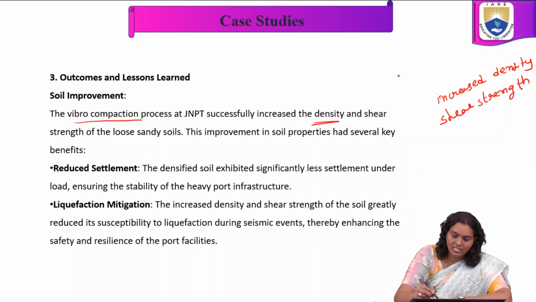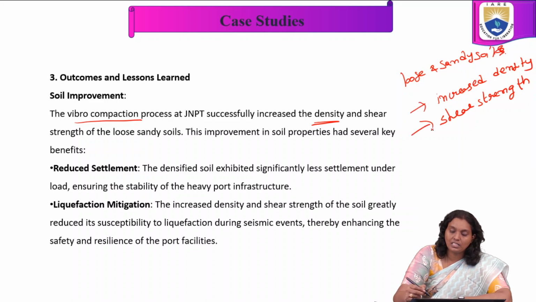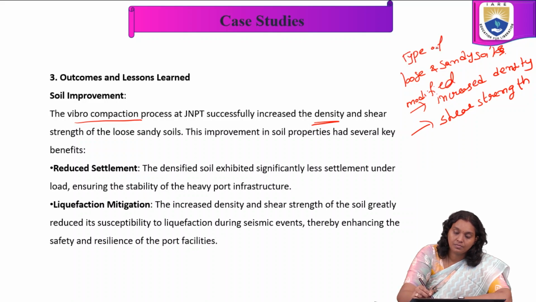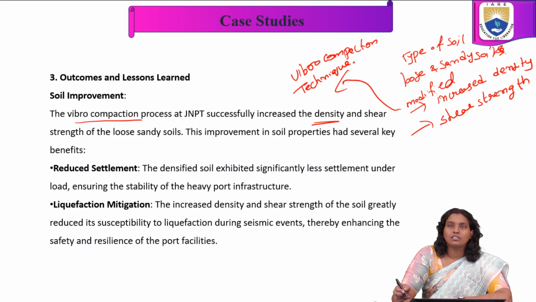This type of soil is loose and sandy soil, and these properties are going to be modified using the vibro compaction technique. Vibro compaction is a ground improvement technique. So these are the things we are going to understand.